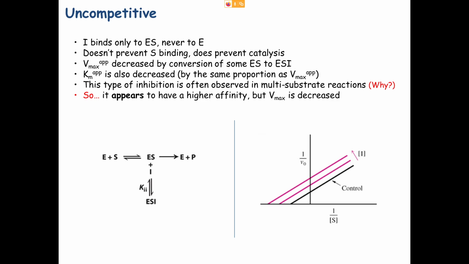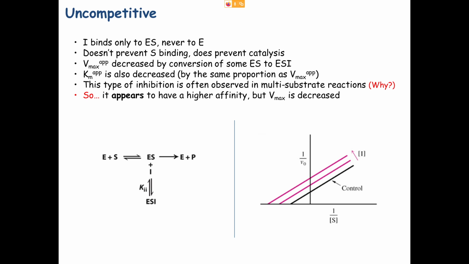Toward ES. How far? All the way, completely, meaning there'll be only ES and product as well, no free enzyme. Every enzyme will have a substrate on it. That's what an infinite amount of substrate means.